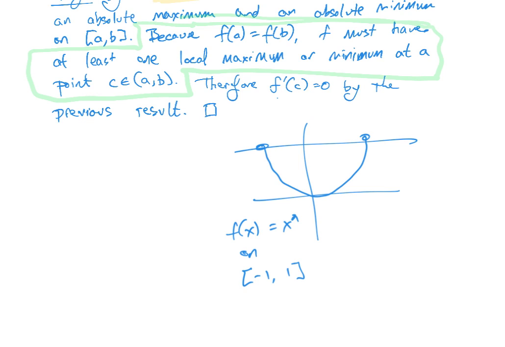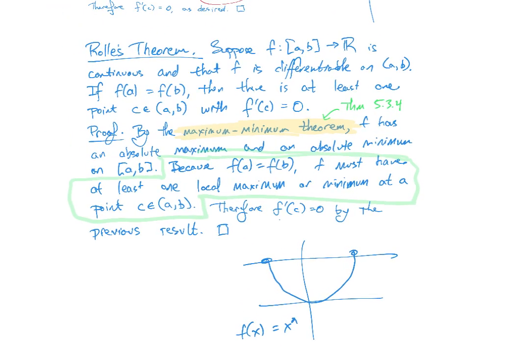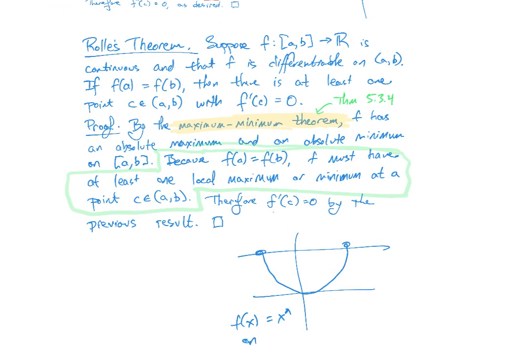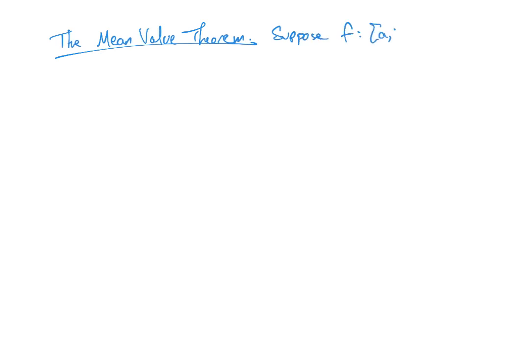Well, so finally our main result today. Now that we got Rolle's theorem, we're going to do the mean value theorem. So Rolle's theorem is a special case of the mean value theorem, but we prove the mean value theorem using Rolle's theorem. So again, it's our standard hypothesis for today. We get a function on a closed interval. It's continuous.